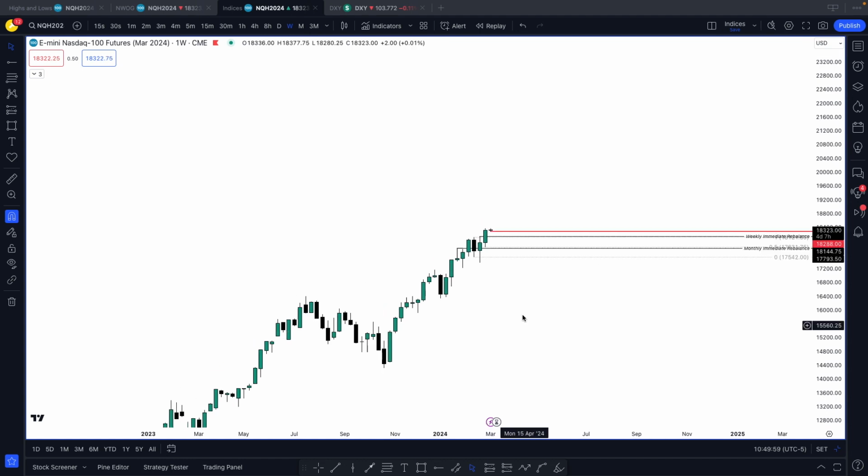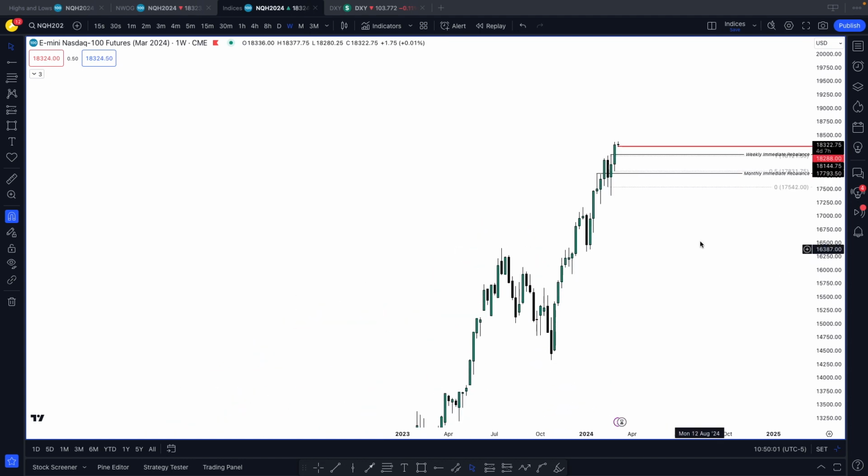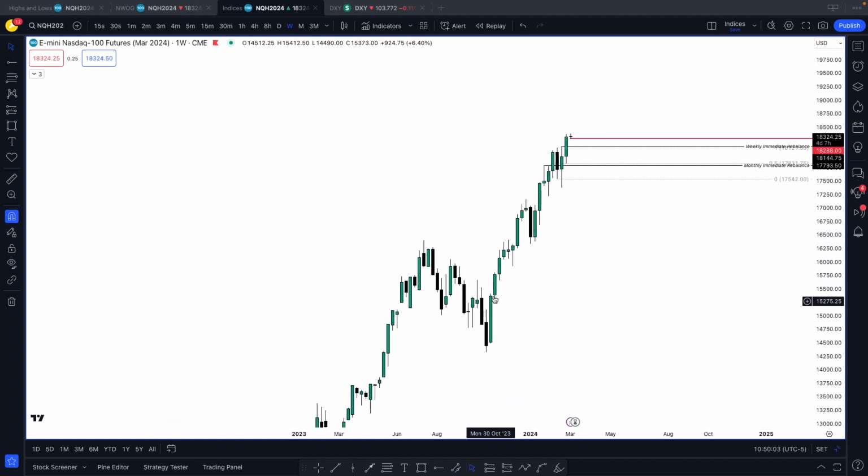Okay. And then from the weekly, we're looking at the same things. BISIs being created. BISIs supporting price right there. Okay. Trade higher. New inefficiency higher. Down close candle. Trade through the opening price here, right there.